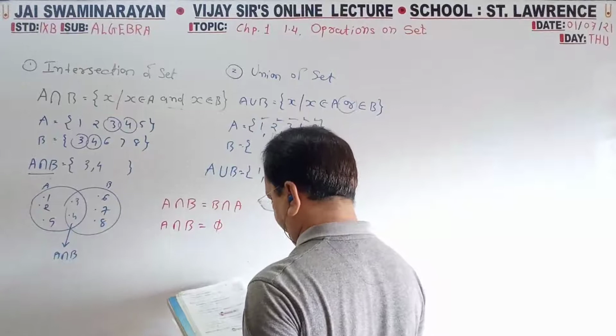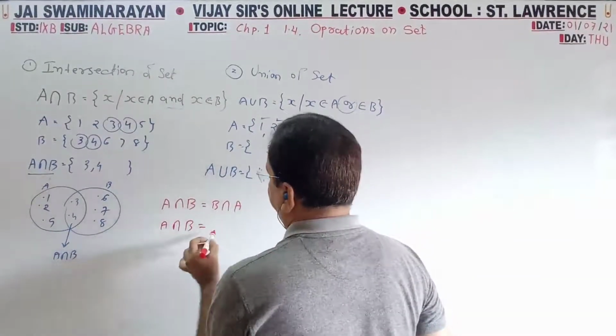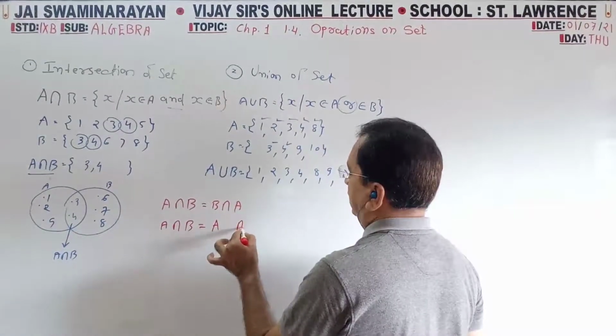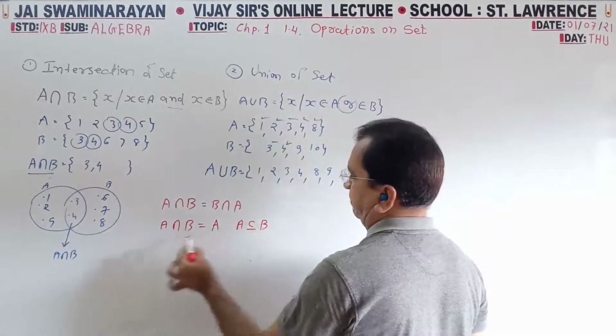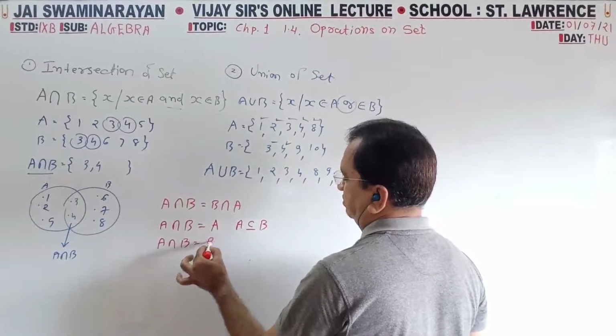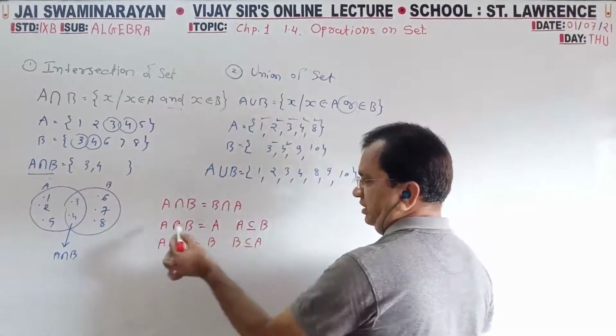Next, if the answer of A intersection B is A, it means A is totally in B. If the answer is B, it means B is totally in A. If this, then this.